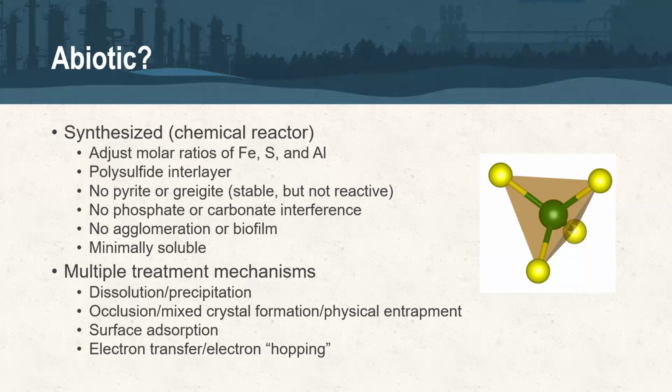Because of the structure of the product at any given moment, most of these formulations of a synthesized FeS have up to 11 electrons that they can give and take from various ends of the particle itself, or of the molecule itself. So we have a lot of room to rebalance, so to speak, the transfer of electrons within this structure. So it's very flexible in a lot of heavy metal deployments.